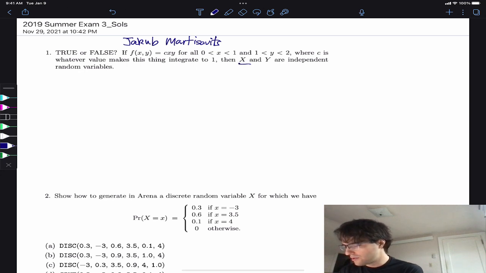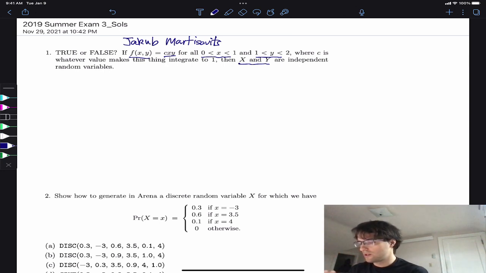Basically you have 2 random variables, and you're told that the joint probability distribution f of x comma y is equal to cxy for 0 less than x less than 1 and 1 less than y less than 2. And c is some constant that makes this integrate to 1. We want to tell whether or not these are independent random variables.